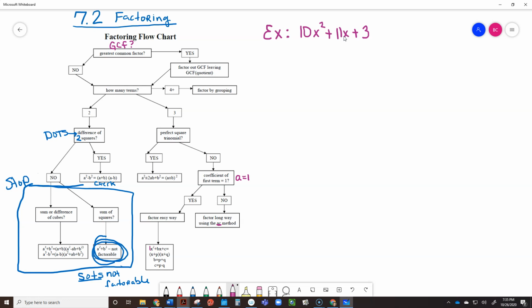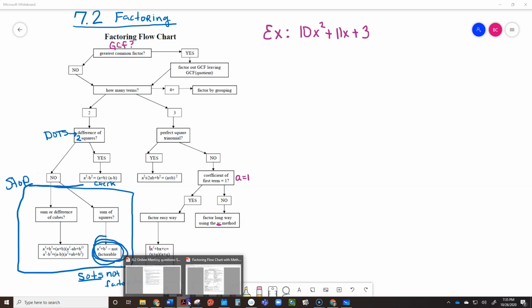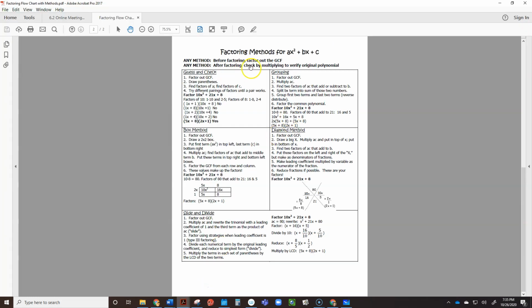Okay, so the AC method, all of these methods on this other page, except for this one right here, they all involve the AC method in some form or fashion. The AC method just simply means, see right here, by grouping, multiply AC.